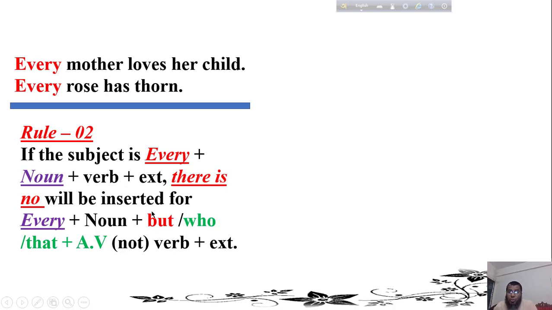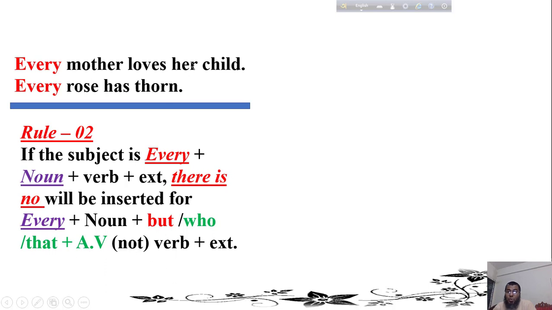And you can also use "who" and "that." If the noun is a person, then we can use "who," and if the noun is a thing, then we can use "that" or "which." And if we use "who," "that" or "which," then we must use "not" with the auxiliary verb.